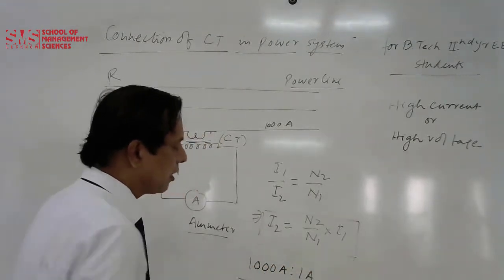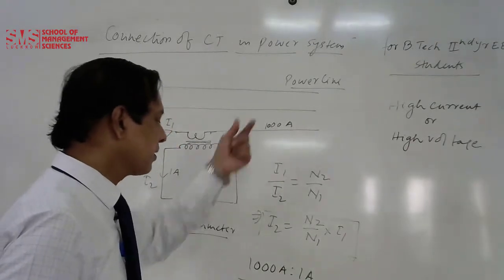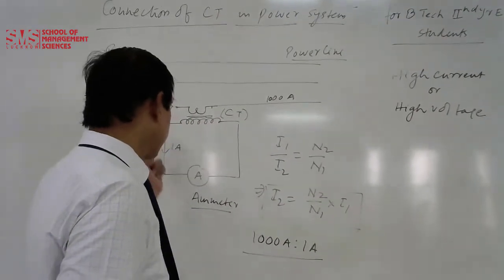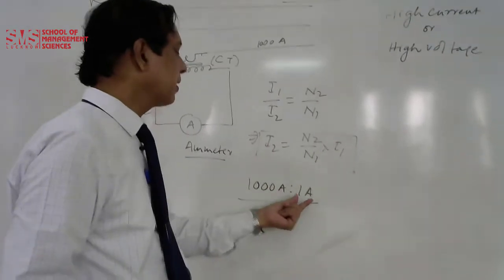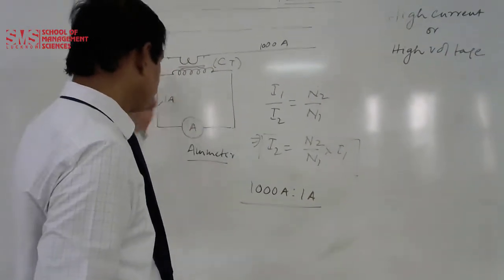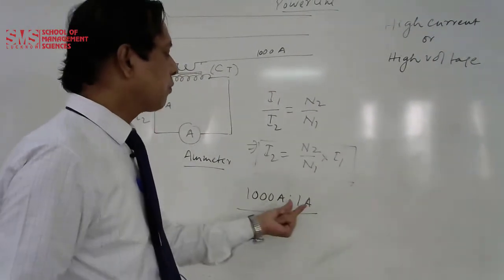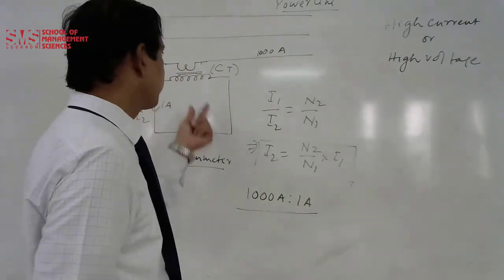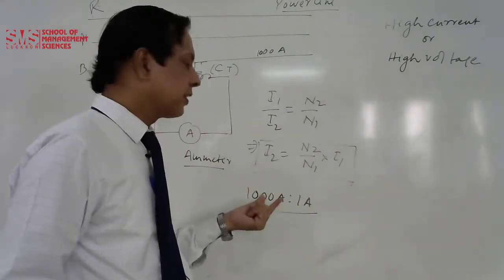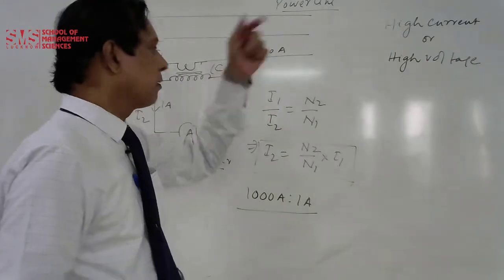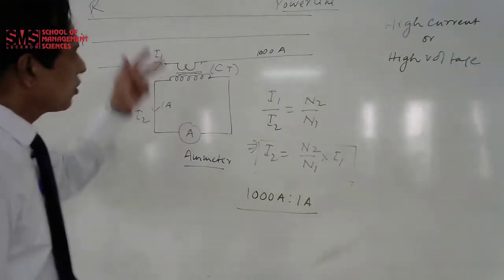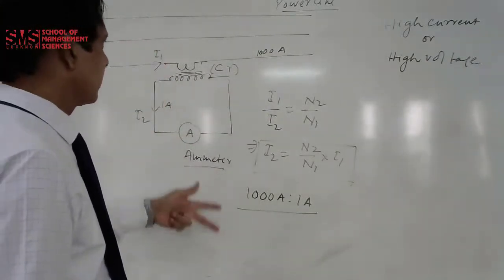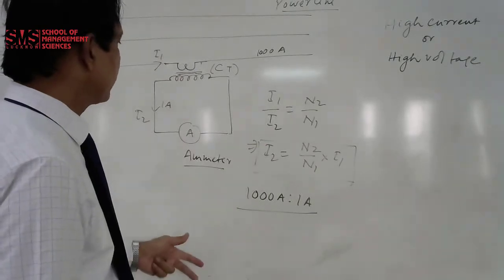So whenever 1000 ampere flows in the power lines, it is transformed into 1 ampere in the secondary winding. Whenever 1 ampere flows in the secondary winding of the current transformer, we understand that 1000 ampere is flowing in the power lines. So this is all about the current transformer connection in power lines.